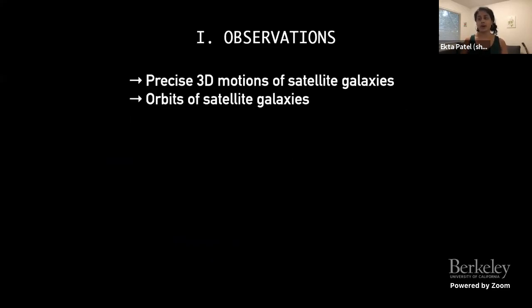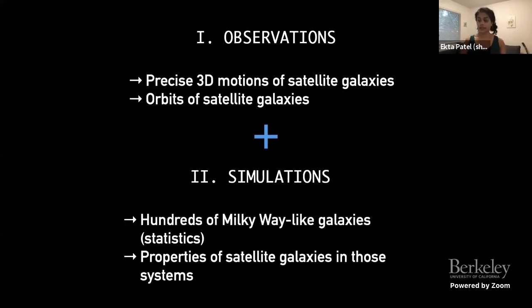So as a summary of what all of these tools together give us, the observations tell us the precise 3D motions of these satellite galaxies, with which we can then build the orbits of these satellite galaxies over the last few billion years. And then the simulations help us with statistics in that the simulations provide us with hundreds of Milky Way-like galaxies and the properties of the satellite galaxies orbiting around those Milky Way-like galaxies.